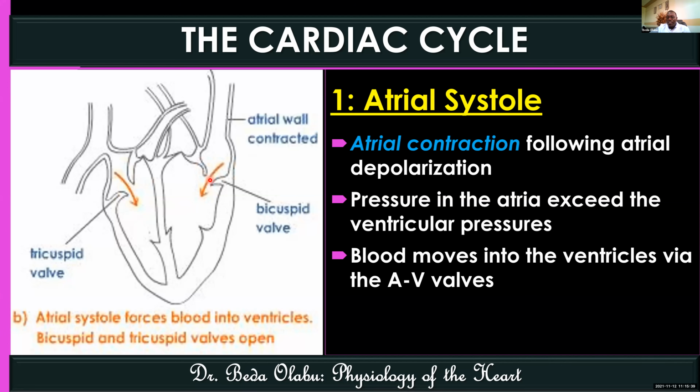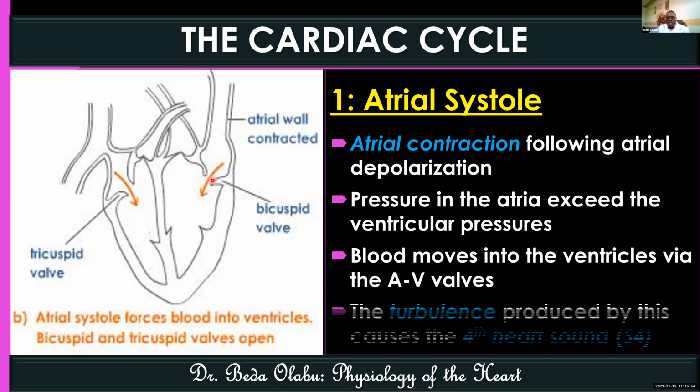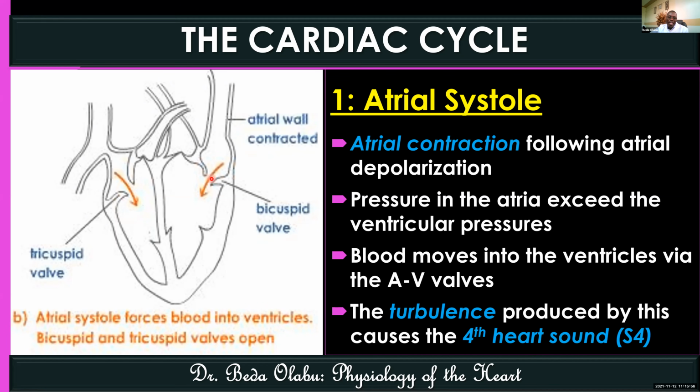The atrioventricular valves are narrow. And so what happens is that if the atrioventricular valves are narrow, it means that blood is being pumped through a narrow opening, and that will cause some turbulence. The turbulence caused at that time gives us a sound. But that sound is not the lub or the dub that you could be thinking about.